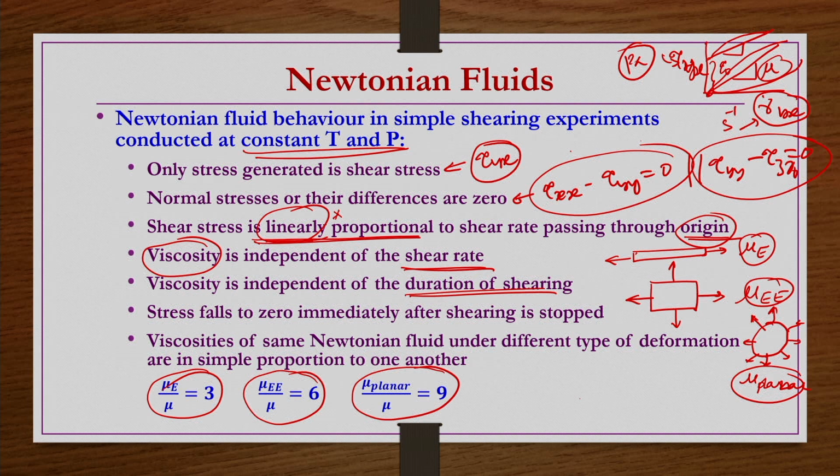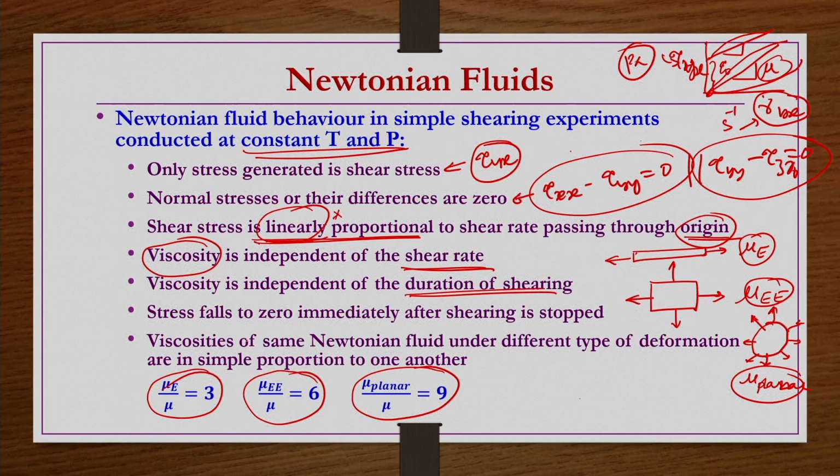That means if a material's viscosity changes with the duration of shearing, let us say you are doing the shearing experiment at 10 power 2 second inverse, for 10 minutes, for 100 minutes, for 1000 minutes, you may get different viscosities, because the material rheology depends on the duration of shearing. So, that could be one other type of non-Newtonian fluid. For some non-Newtonian fluids, the apparent viscosity may also depend on the duration of shearing.